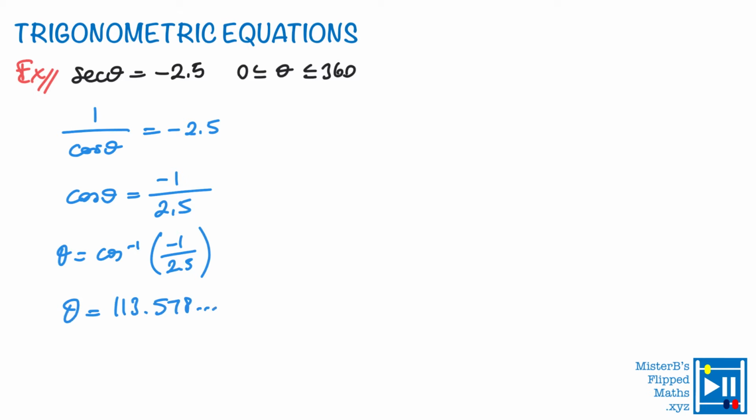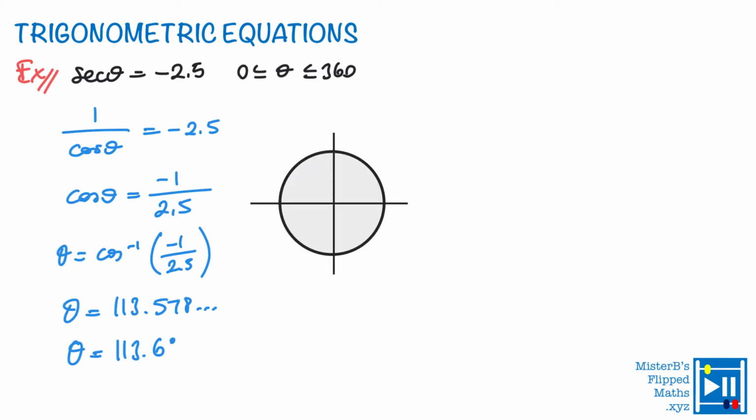Now we round this number to one decimal place, sometimes it's 3 significant figures, right? So this is 113.6 degrees.